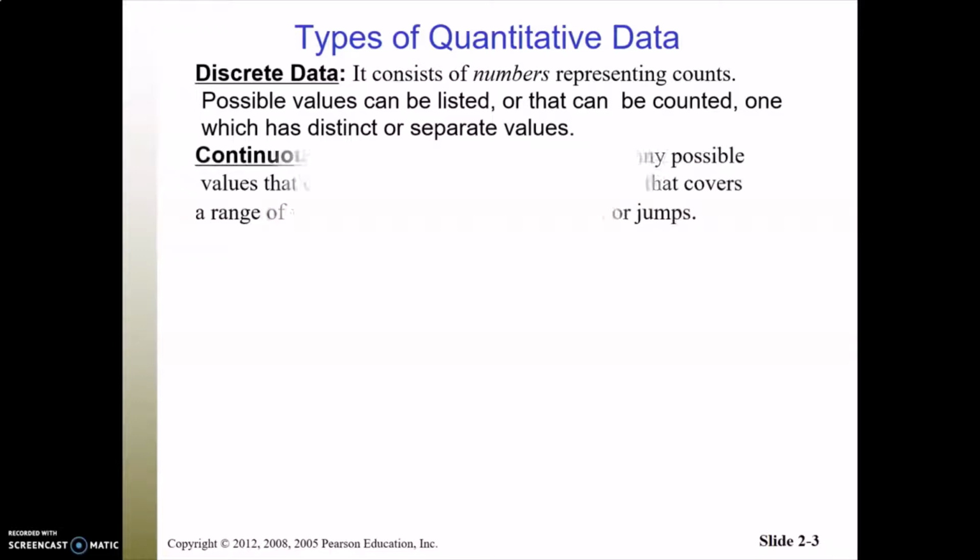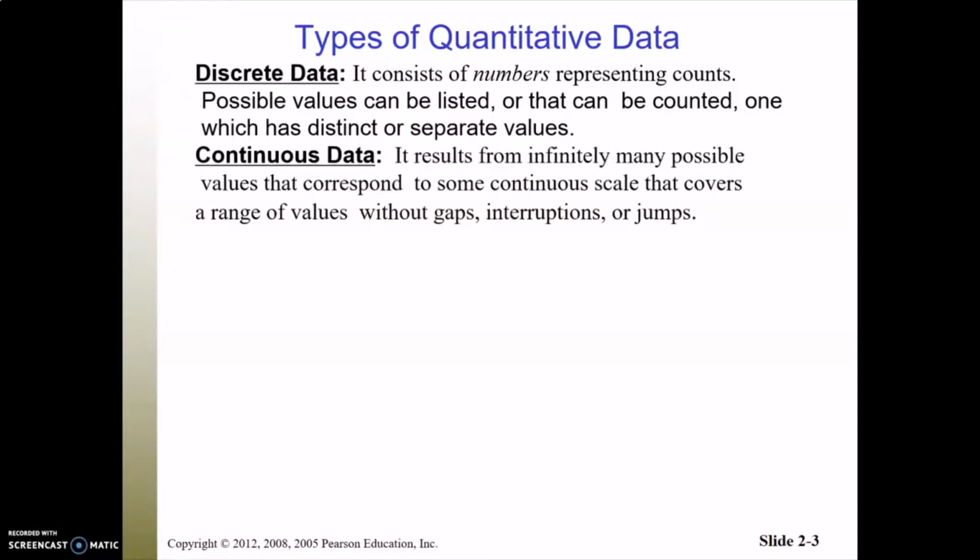Then we have continuous data. It is data that comes into existence as a process of measurement, and it results from infinitely many possible values that correspond to some continuous scale that covers a range of values without gap, without interruption or jumps. We use this word even in everyday life. You say to your friend, my friend talks to me continuously, which means he talks to you without any gaps, without any interruption.